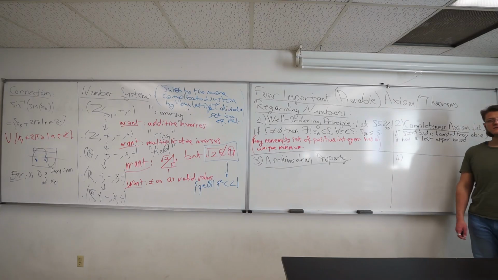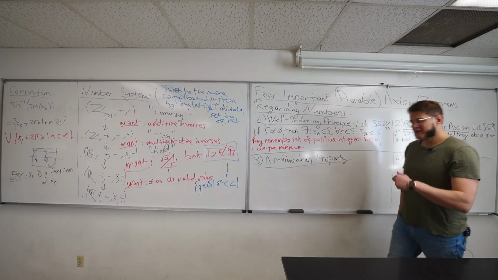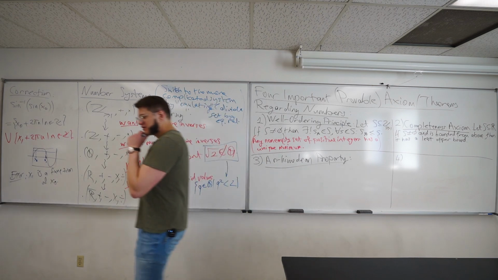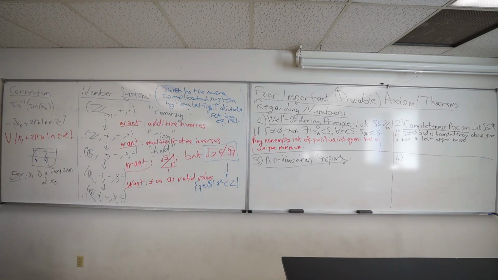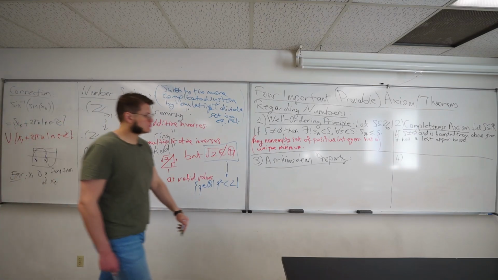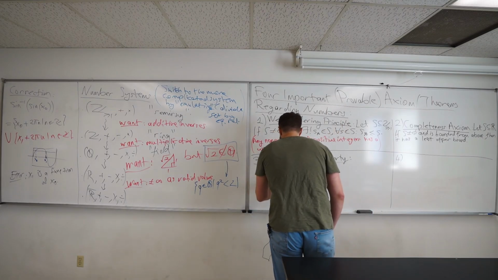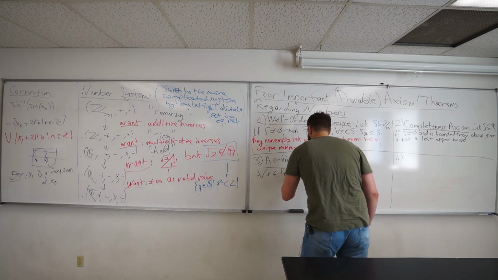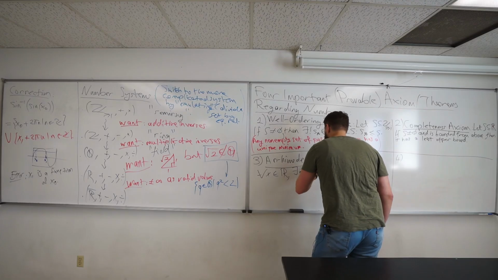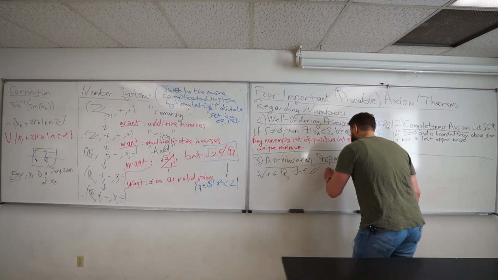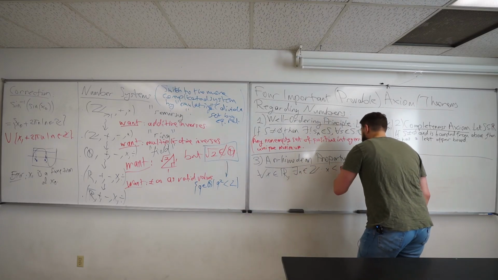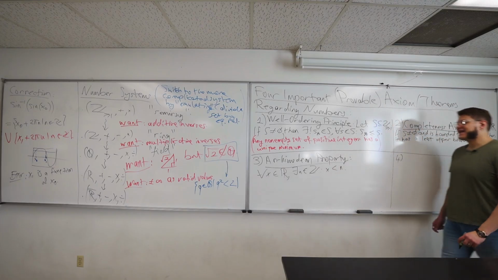The way I think they state it in the textbook is like so. Any real admits some integer that is greater than it. In other words, for any x in R, there is some integer n such that x is strictly less than n.